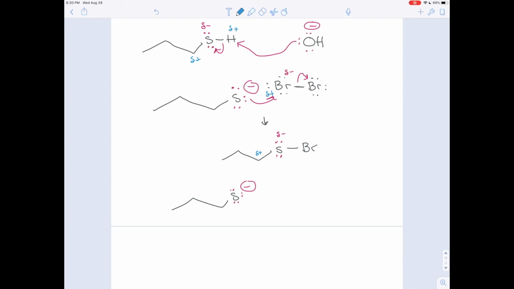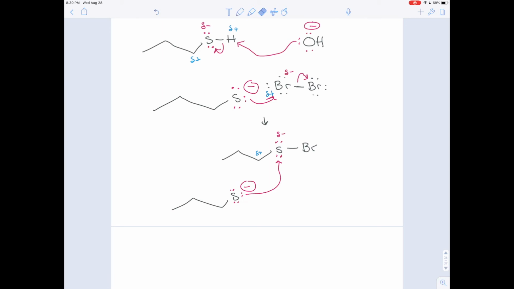But this sulfur, this thiolate here, because it has the negative charge, can attack this sulfur, and at first that might not seem natural. Why would it attack this sulfur? How could it even attack this sulfur if this has a negative charge and this has a slightly negative charge?